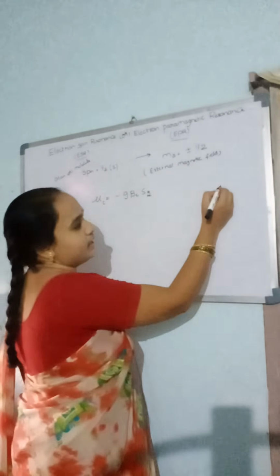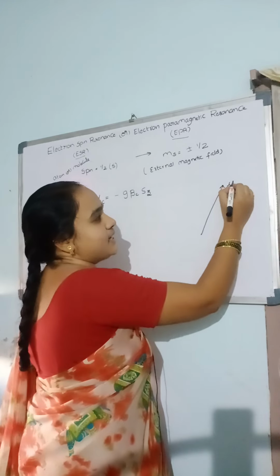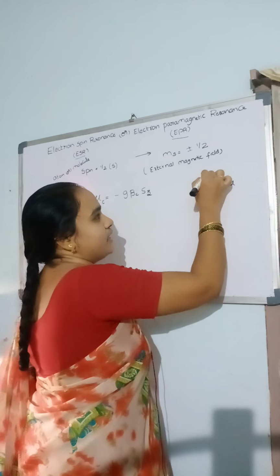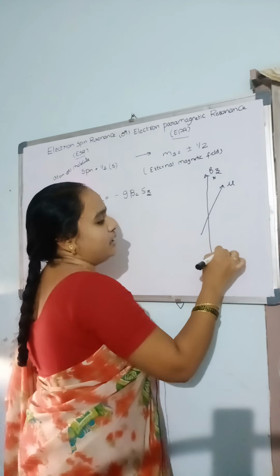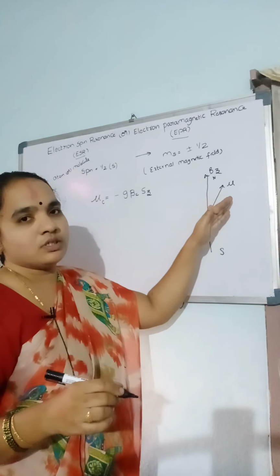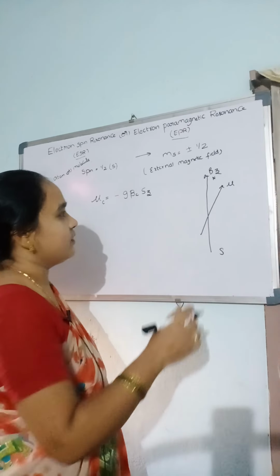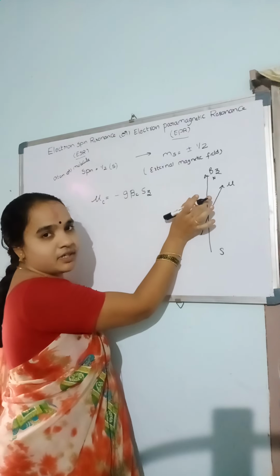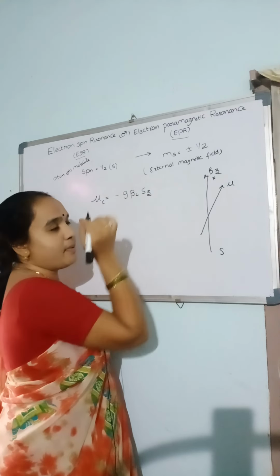When this magnetic dipole moment associated with the electron is placed in an external magnetic field, the north pole and south pole of these magnetic dipoles will try to orient in the direction of the external magnetic field. That is, there is some interaction between the magnetic dipole moment and the external magnetic field.